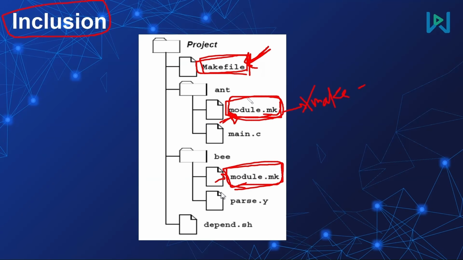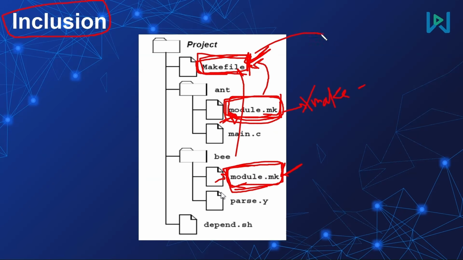To make life easy, we create sub .mk files, and each of those .mk files will contain a portion or small chunk of the Makefile code. And then we include those .mk files within the main top-level Makefile.